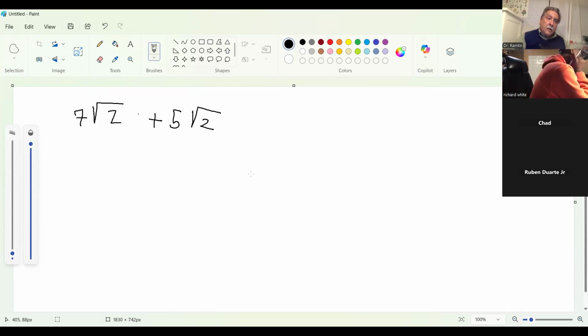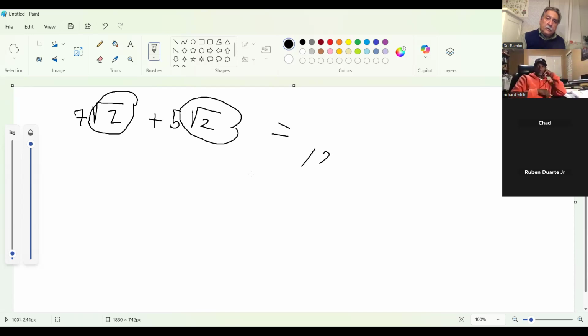Now, these two are the same, so I can factor. So this would be the same as 7 plus 5 is 12. I'm sorry, 12 times the square root of 2. You see what I did?